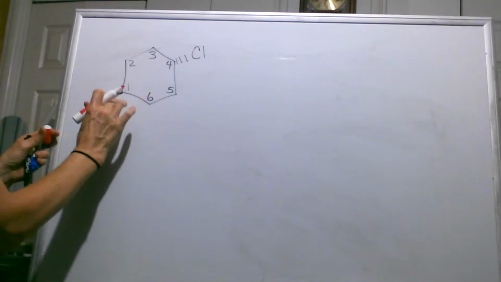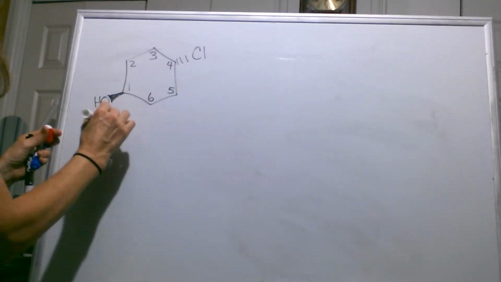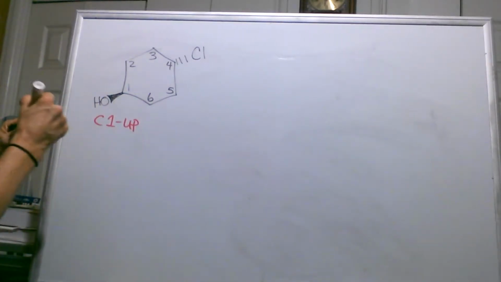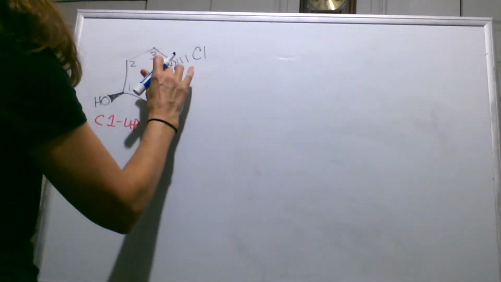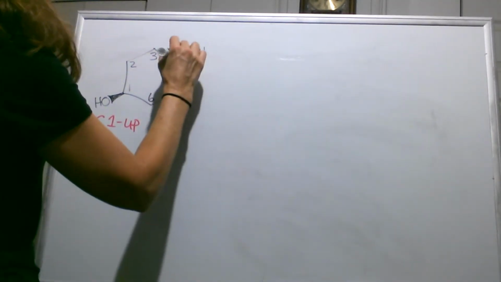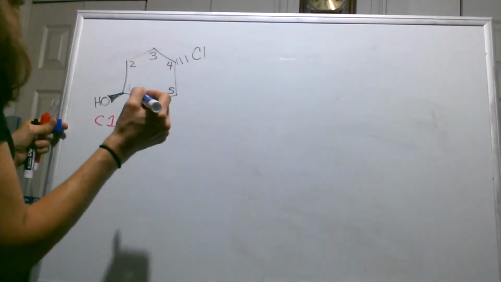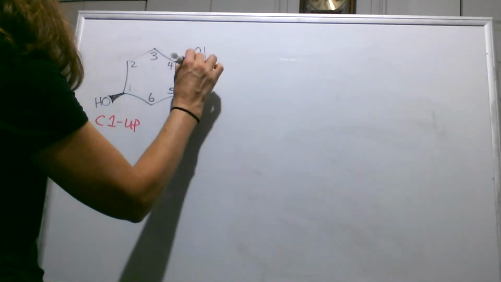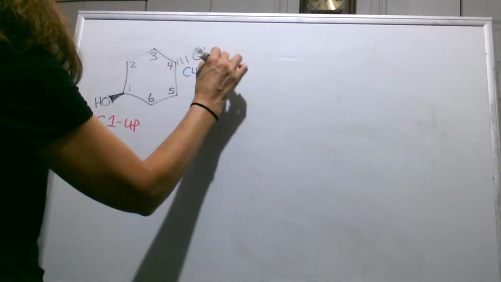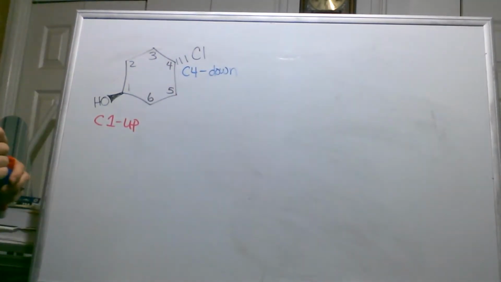On carbon 1, the hydroxide is pointing up or out of the plane towards us. And on carbon 4, the chlorine group with the dash is telling us that that is pointing down, in other words, away from us. So at C4, that substituent is pointing down.